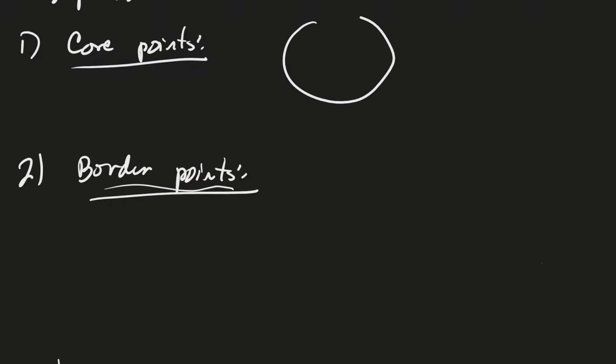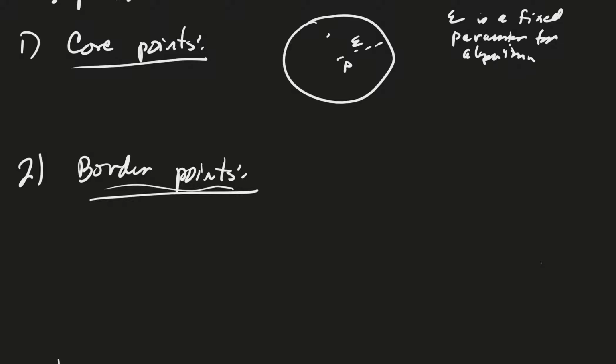A core point is a point P where if you draw an epsilon neighborhood, where epsilon is a fixed parameter for the algorithm, then we must have at least min points within that epsilon neighborhood, and that includes the point itself.